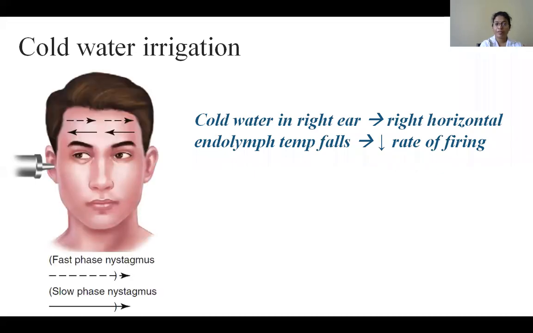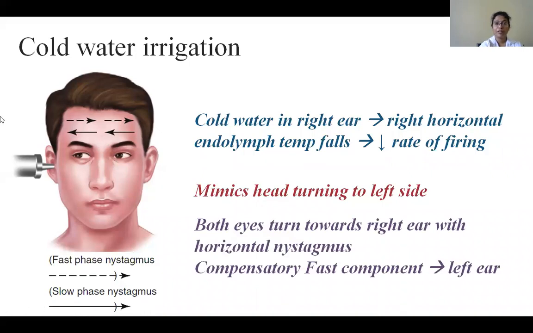So what is going to happen? It will be like a situation where the head is turning to the left side. So when the head is turning to the left side, what is the reflex? The eyes turn towards the right ear with horizontal nystagmus.